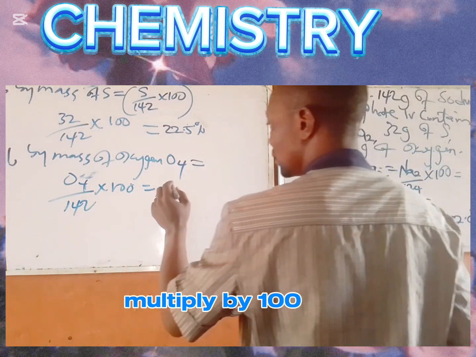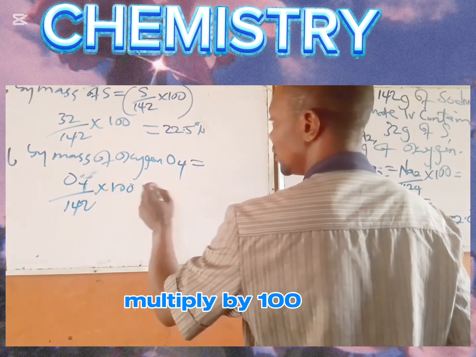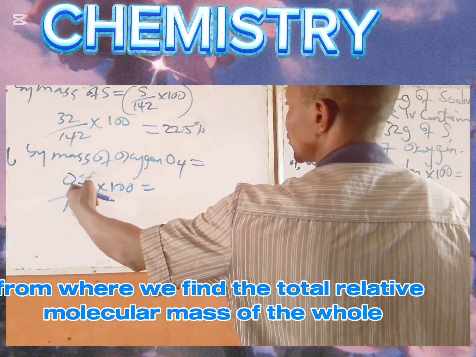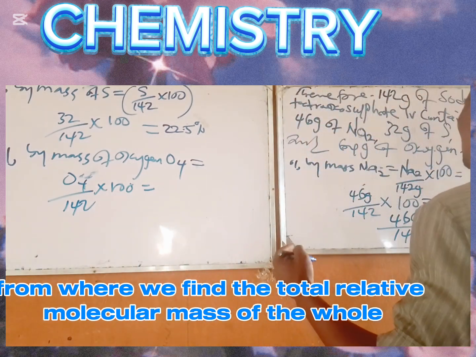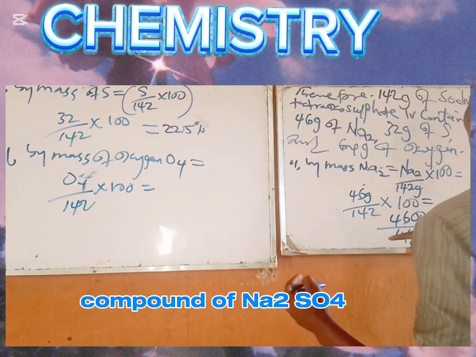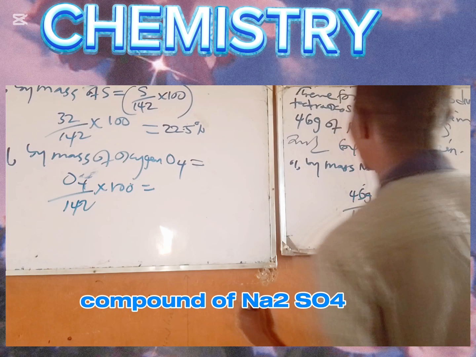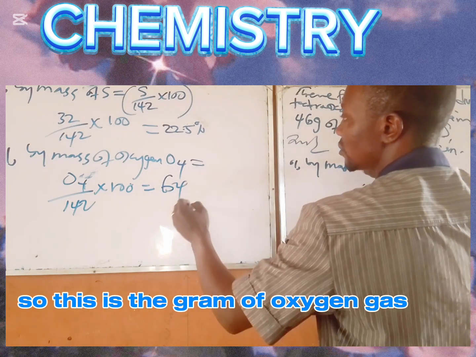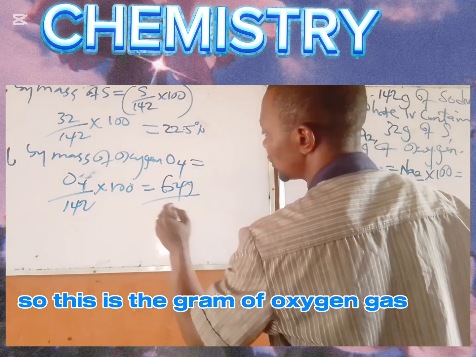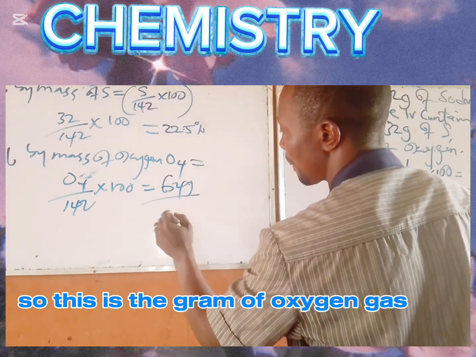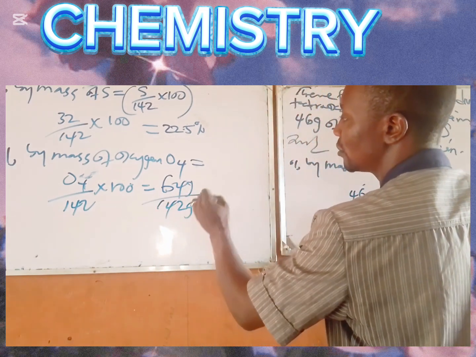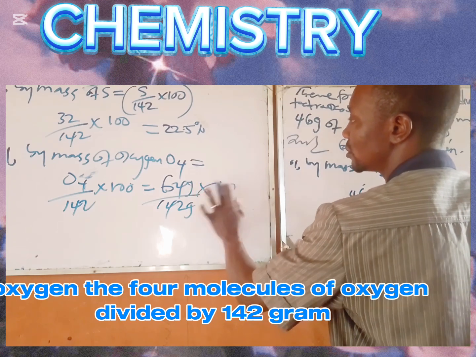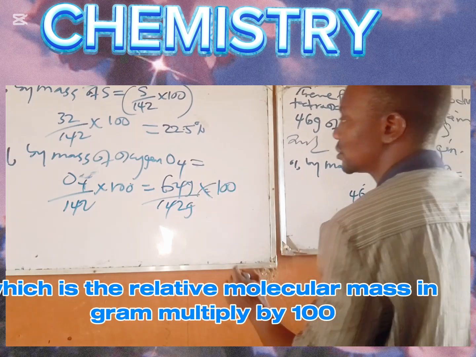This relative molecular mass was gotten when we found the total relative molecular mass of the whole compound Na2SO4. So this is the gram of the 4 molecules of oxygen divided by 142 gram, the relative molecular mass, multiplied by 100.